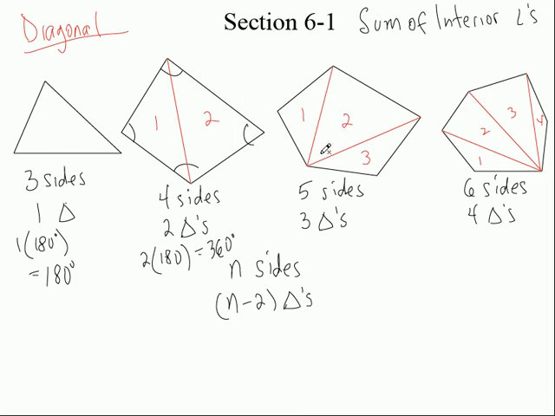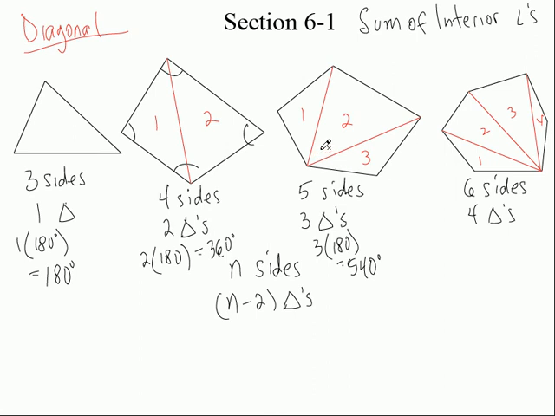What about this? I got 5 sides, so how do I find the sum of all the interior angles? I take 5 minus 2, which is 3, and then I go 3 times 180. What's 3 times 180? I think it's 540, isn't it? So watch. All these angles, 1, 2, 3, 4, 5 angles in here.